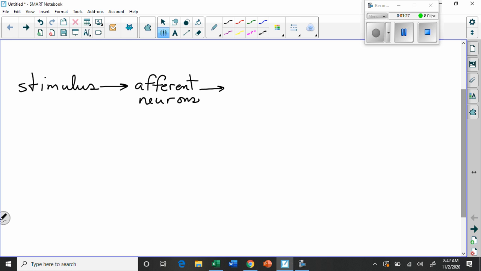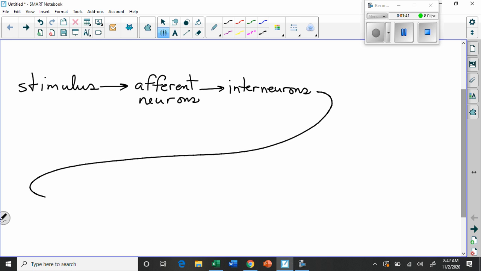And then we move from there to what we call interneurons. Interneurons. And then we move, I'm going to have to swing around here because I don't have enough space, then we move to the efferent neurons. Efferent and afferent are two words we'll get to in a minute.